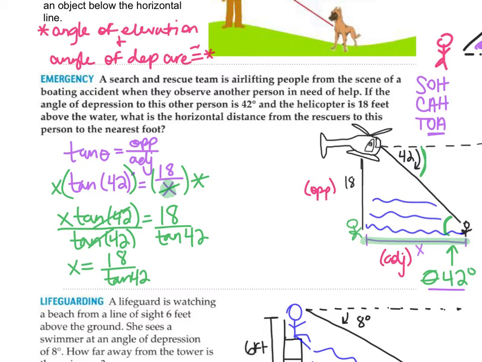When you type this into the calculator, you will type it in exactly as it's written, 18 divided by tangent 42. That will give you about 19.99. But remember, we wanted our distance to the nearest foot, so x would be right around 20 feet.